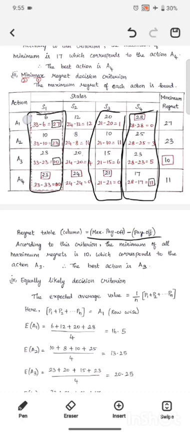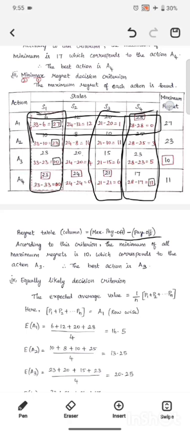So I have taken the maximum value of each column and subtracted the payoff value from it. From this, I am going to take the maximum value in each row. In the first row my maximum value is 27, in the second row 23, in the third row 10, and in the fourth row 11.